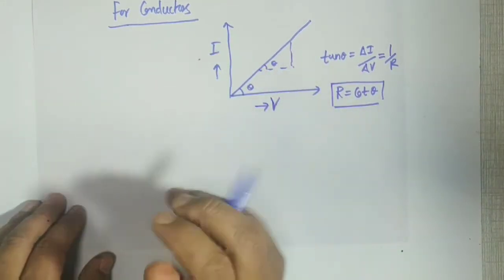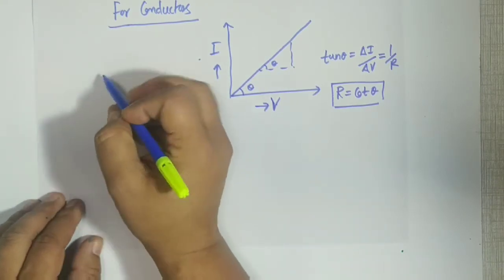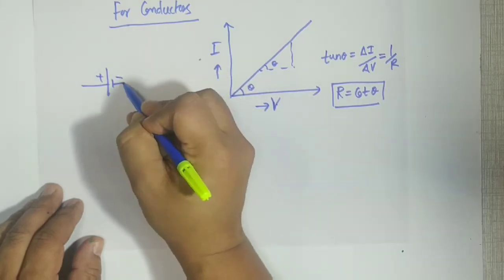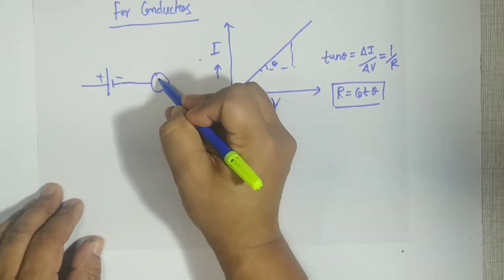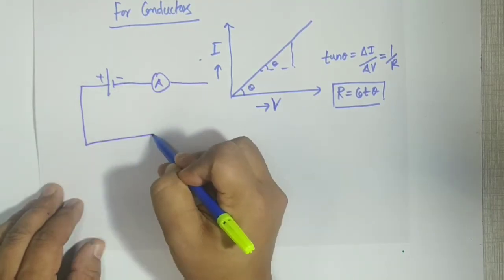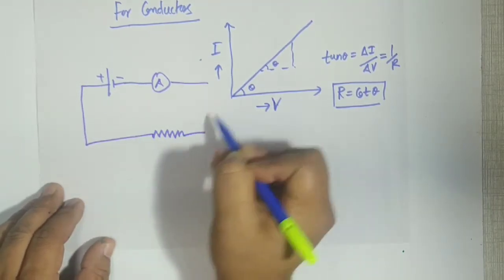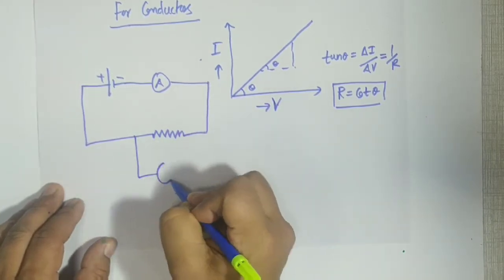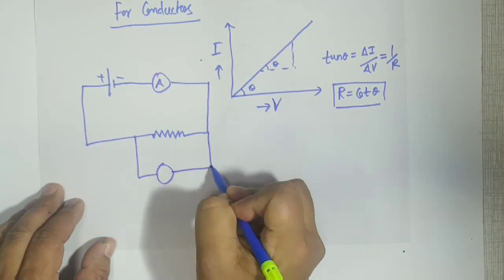Both are proportional. And you remember the Ohm's law circuit: this is a battery, and then there is an ammeter, and then there is a resistance across which you take a voltmeter, like this.